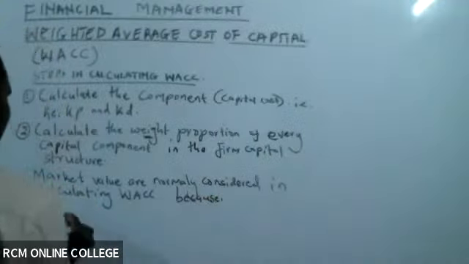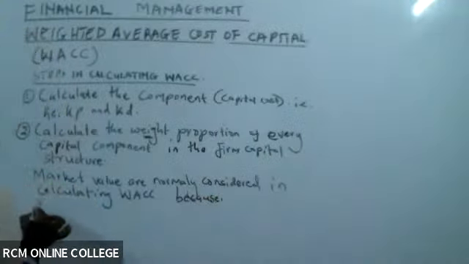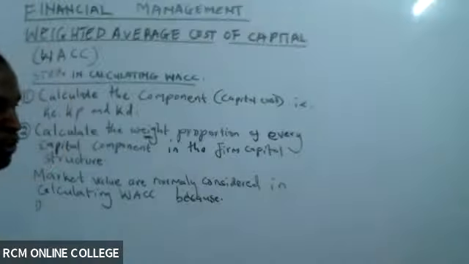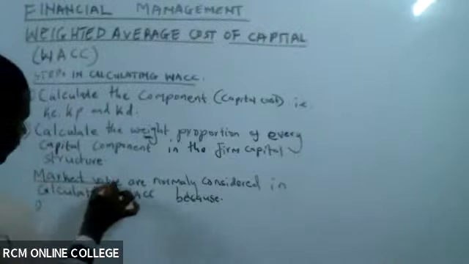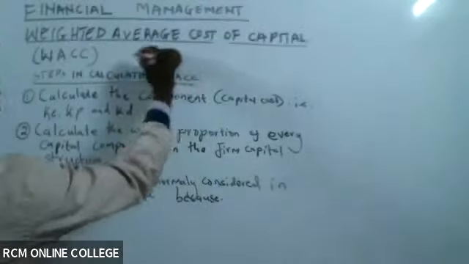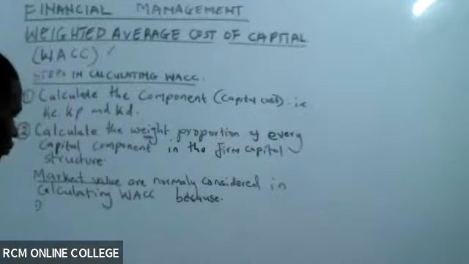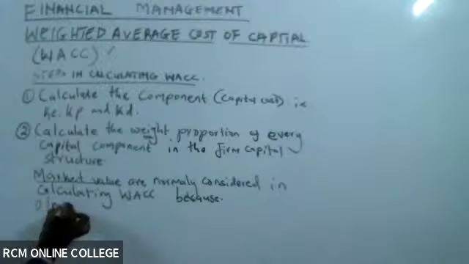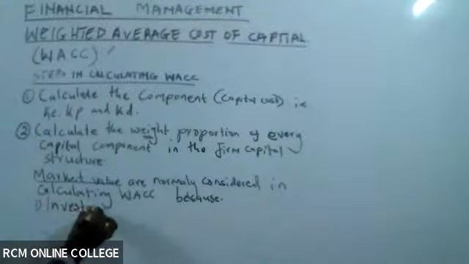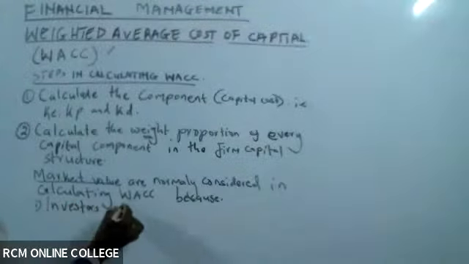Hapa tunataka tuone sasa majibu. Roman number 1. Why do we use market value in computation of the WACC? The reasons are here. We are going to outline our reasons here. 1, investors acquire their investment.